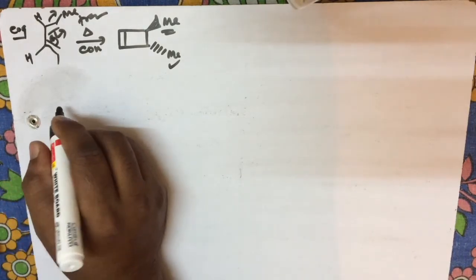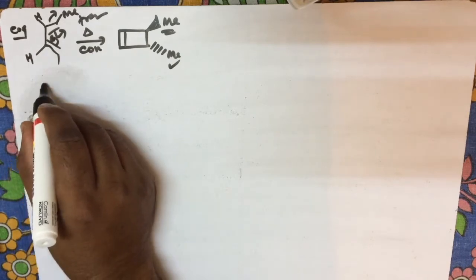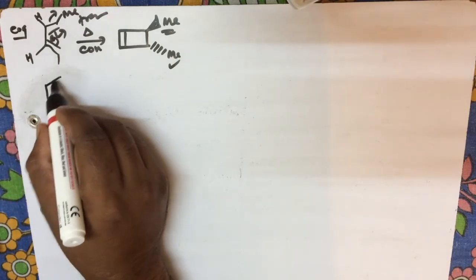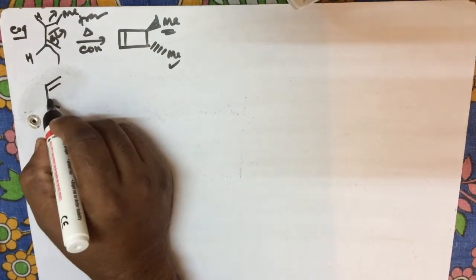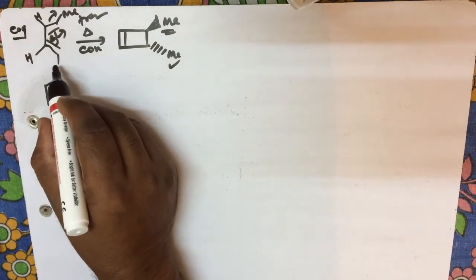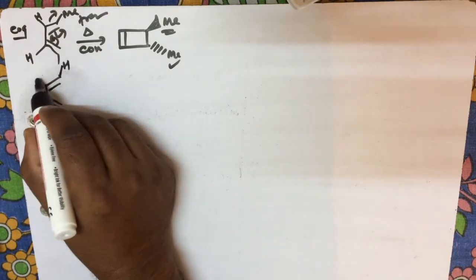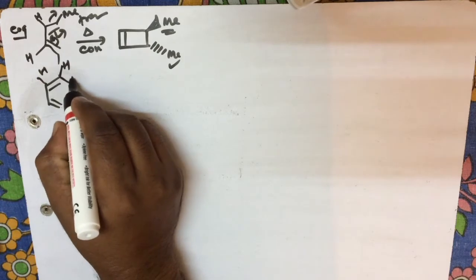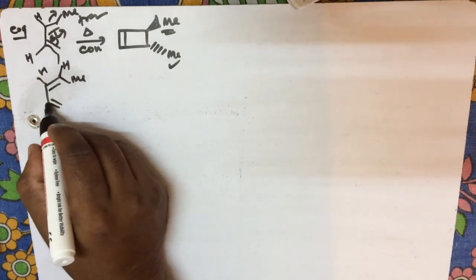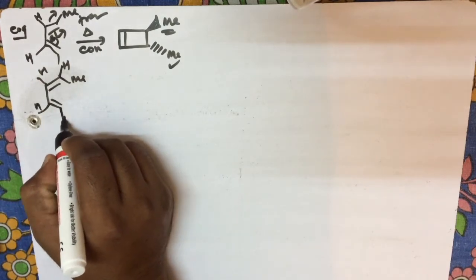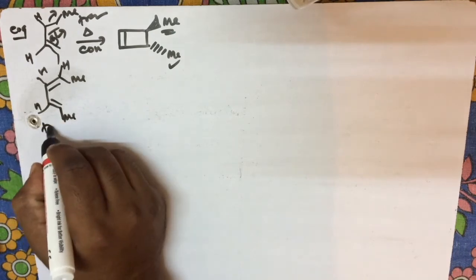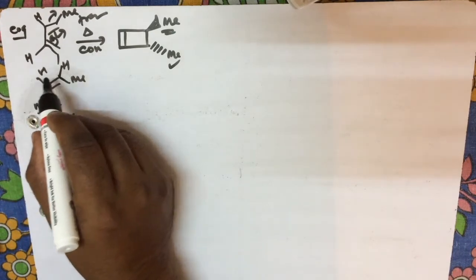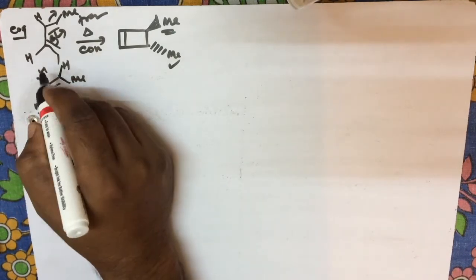Similarly, another example. H here, methyl; H here, methyl. So here you will see trans, here you will see cis, both hydrogens on the same side.